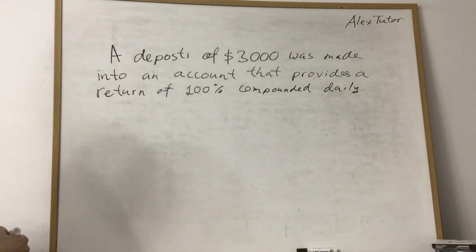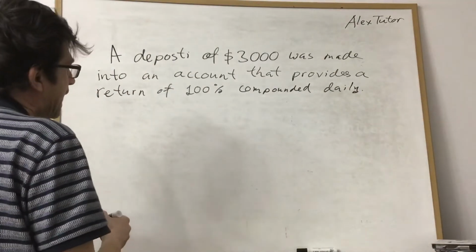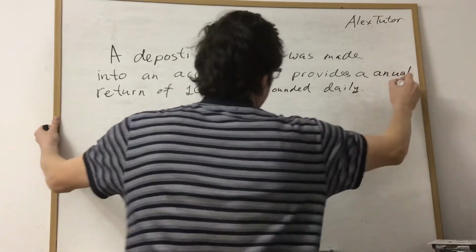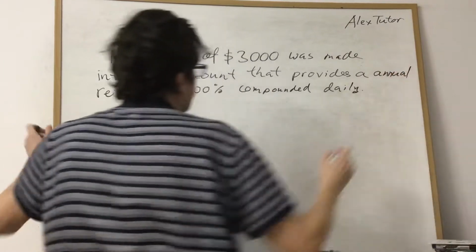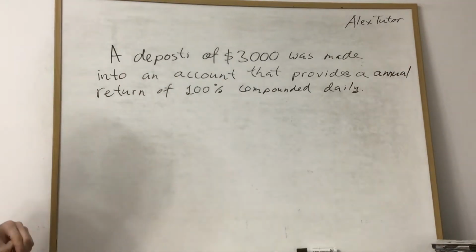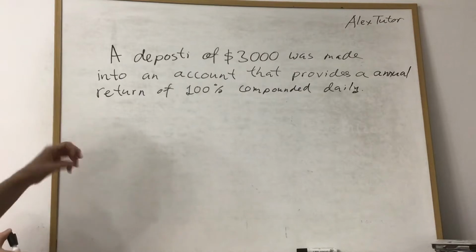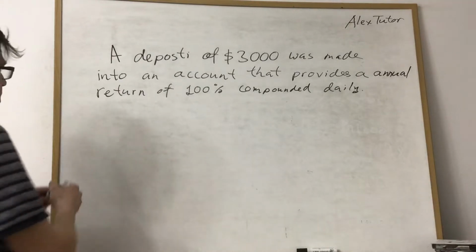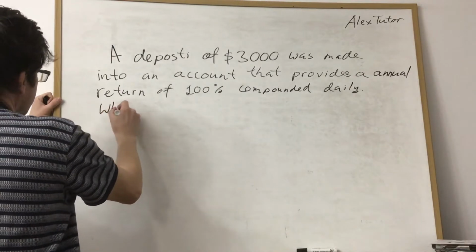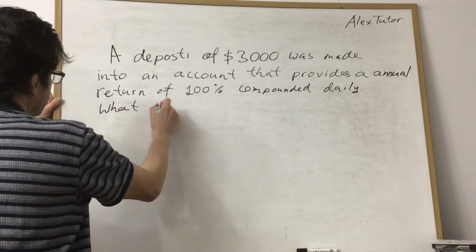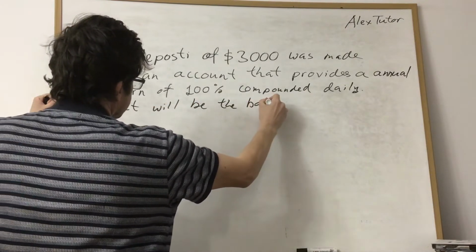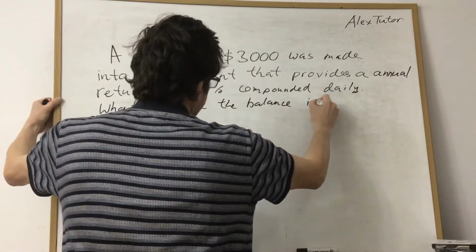Not just a return, an annual return. A deposit of $3,000 was made into an account that provides an annual return of 100% compounded daily. The question is, what will be the balance in 1 year?